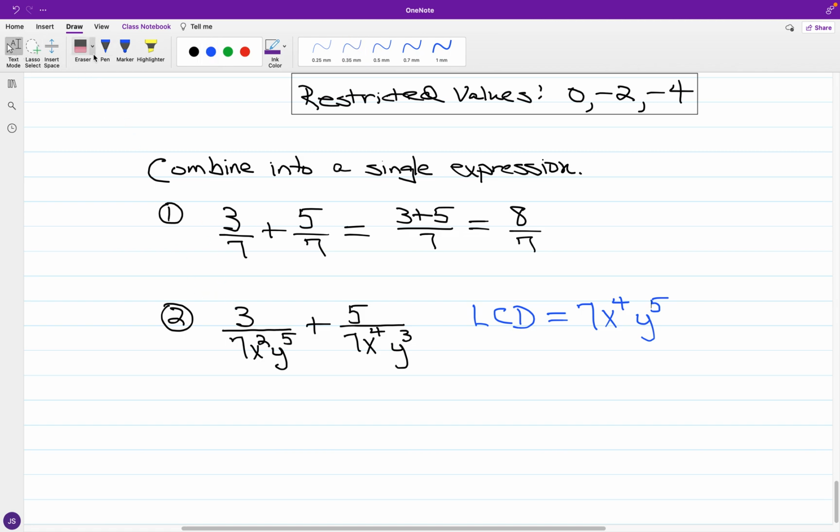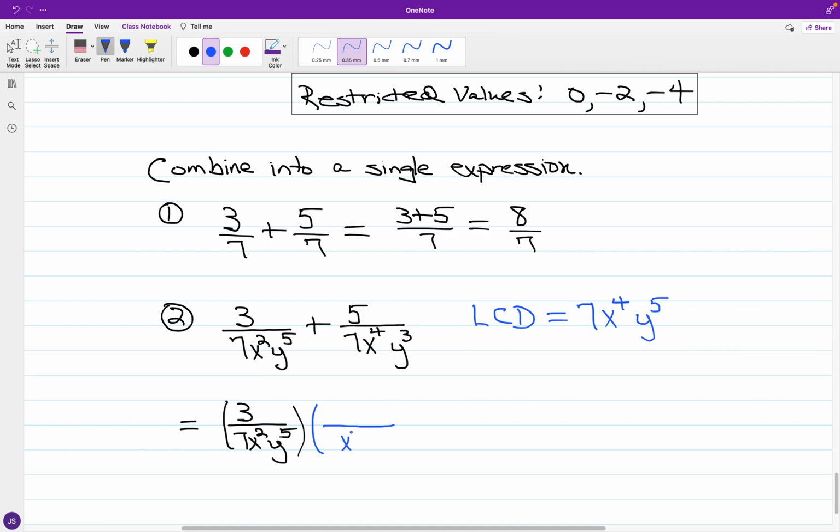And just looking at what we have in adjusting the ratio. So we got 3 all over 7x squared y to the fifth. And if I put this in terms of the least common denominator, so we already have 7x squared into x to the fourth.